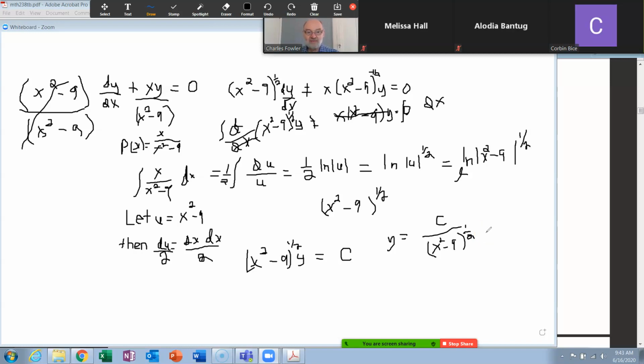So we'll take the interval of this differential equation, where this would be valid, would either be from -infinity to -3, not counting -3, or from +3, but not counting +3, to +infinity. Okay, that would be your interval.